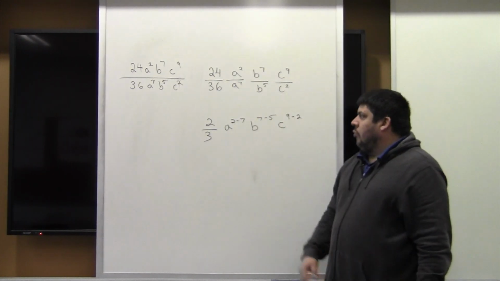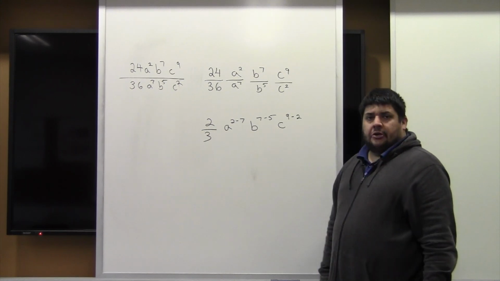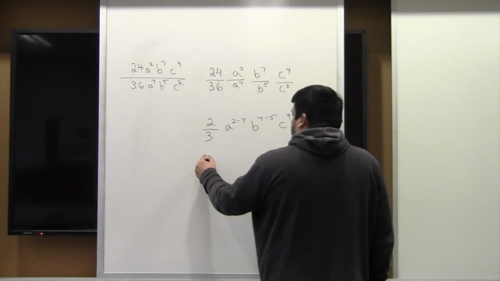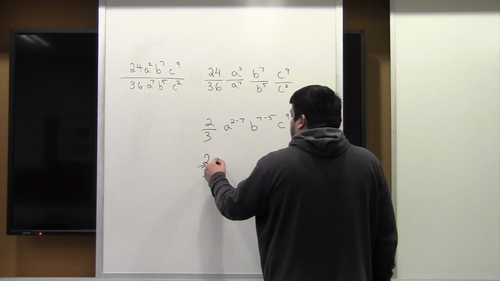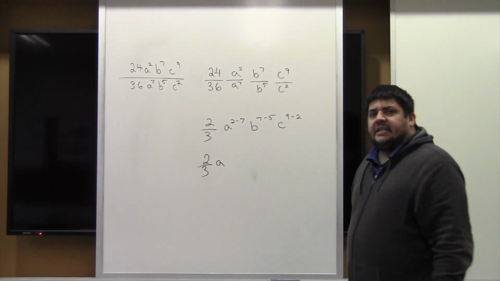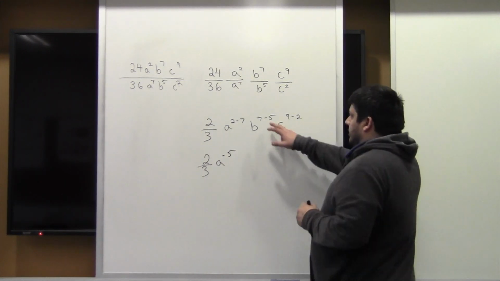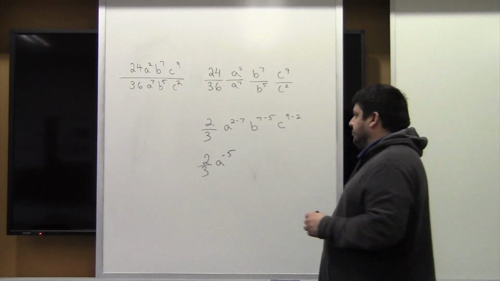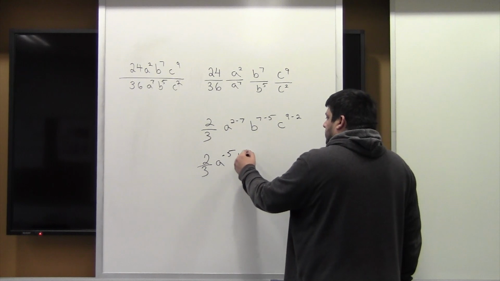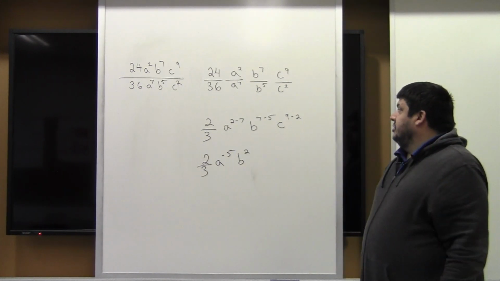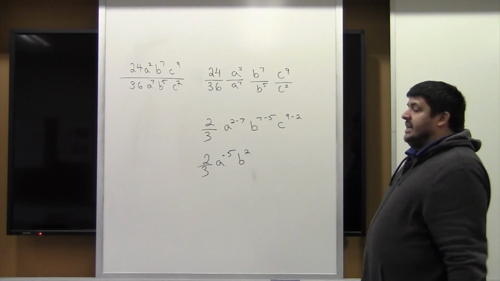Now let's figure out what our exponents are going to be. 2/3. a to the 2 minus 7 is -5. 7 minus 5, that's 2. And 9 minus 2, this is equal to 7.